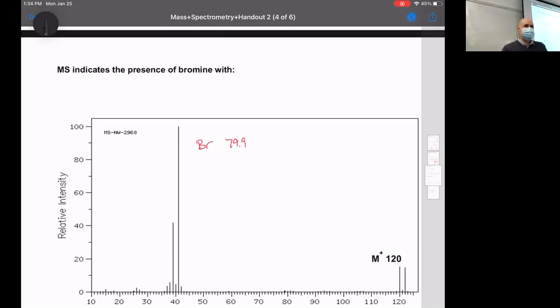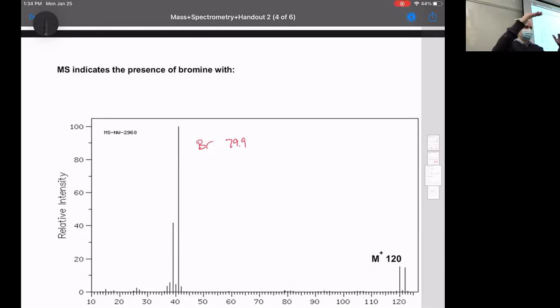So it's very simple. When you guys did stoichiometry and all that in Gen Chem, you probably just rounded it to 80 and said 80. But bromine never weighs 80. It weighs 79 half the time, half-ish, and 81 the other half. So much like chlorine, the mass of those isotopes differs by 2.